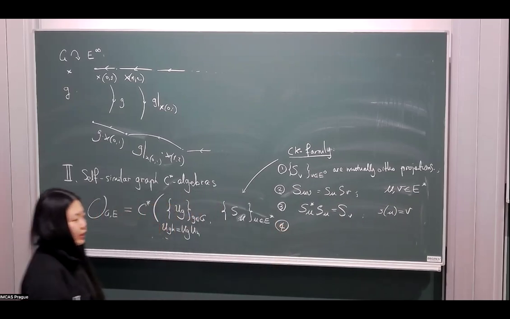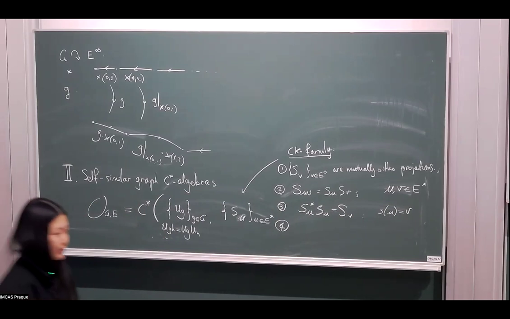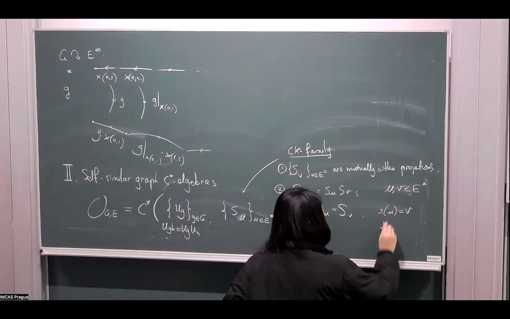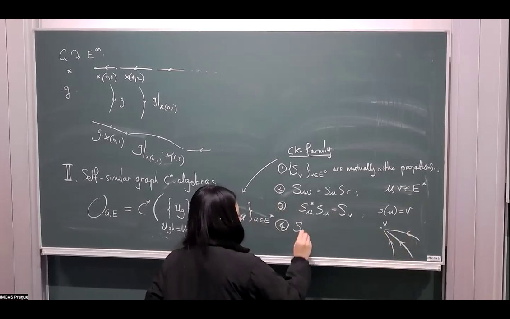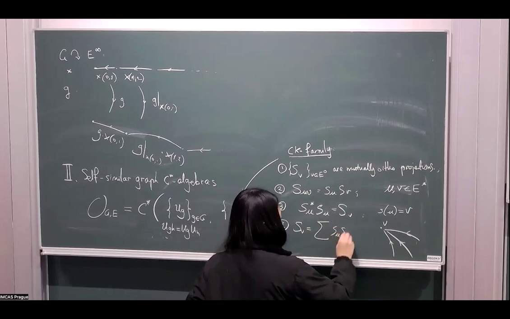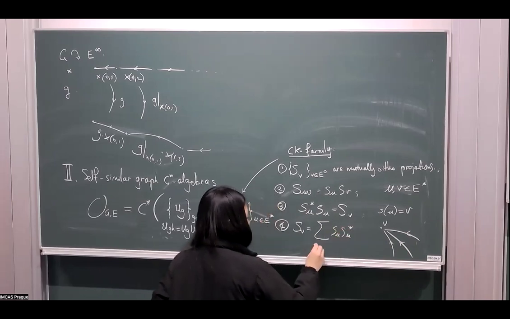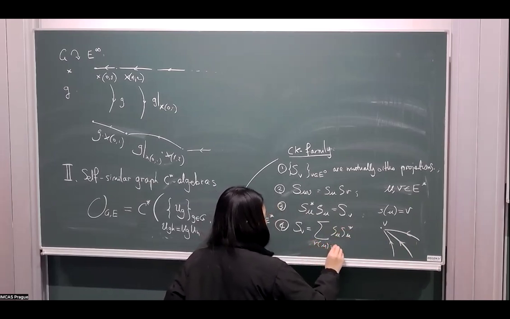And lastly, if you look at the projection corresponding to a vertex, it's the sum of range projections of the partial isometries with edges going into that particular vertex. So if you have a vertex v here and you have several edges going into it, then this S_v, which is a projection, will be the sum of S_mu S_mu star, which is the range projection of these S_mu with range of mu equal to v.